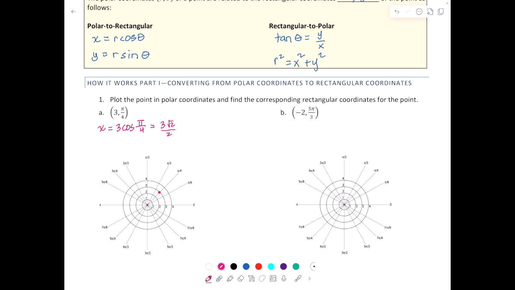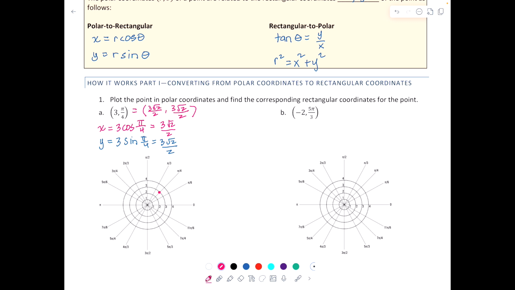And then y is equal to 3 times sine theta, theta was pi over 4, which will yield the same result, 3 root 2 over 2. So the coordinate in rectangular form is 3 root 2 over 2, comma, 3 root 2 over 2.